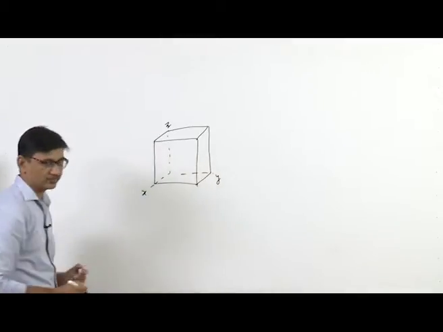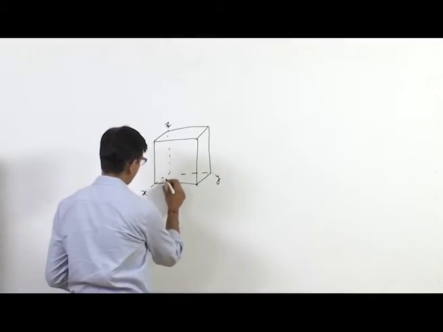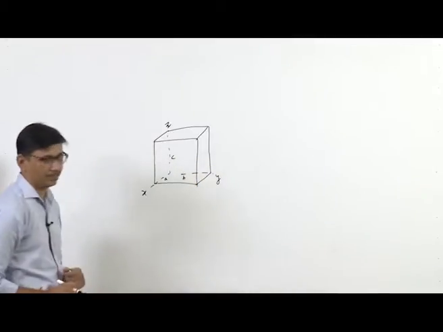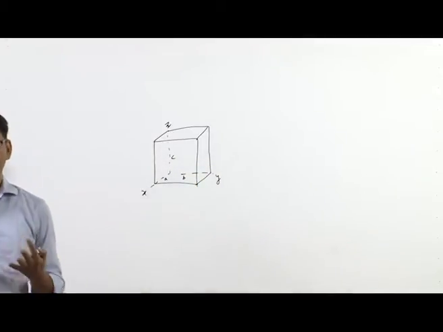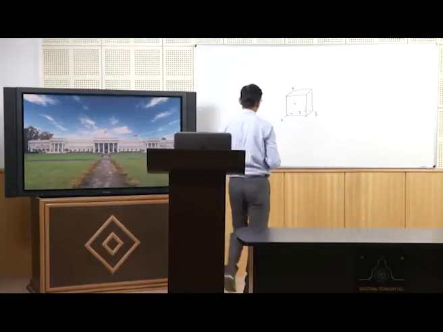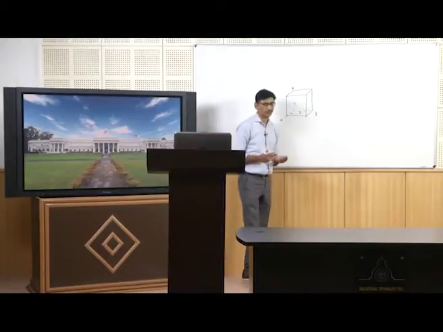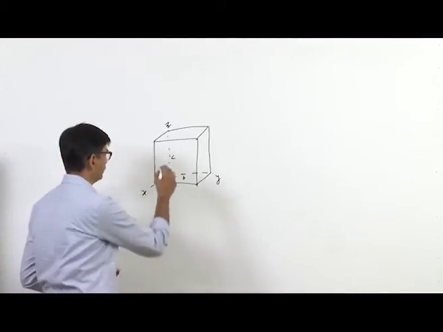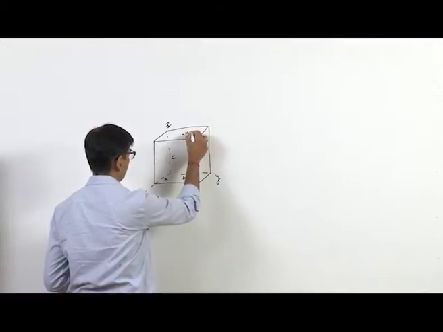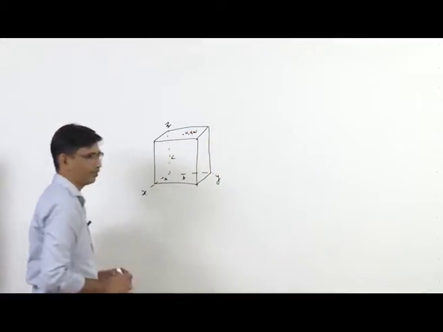Along x, y, z direction I have lattice parameters a, b and c. If I have to define a vector, let us say a vector r, which is passing through a coordinate point, let us say UVW, suppose somewhere like this is my UVW, the coordinate point.